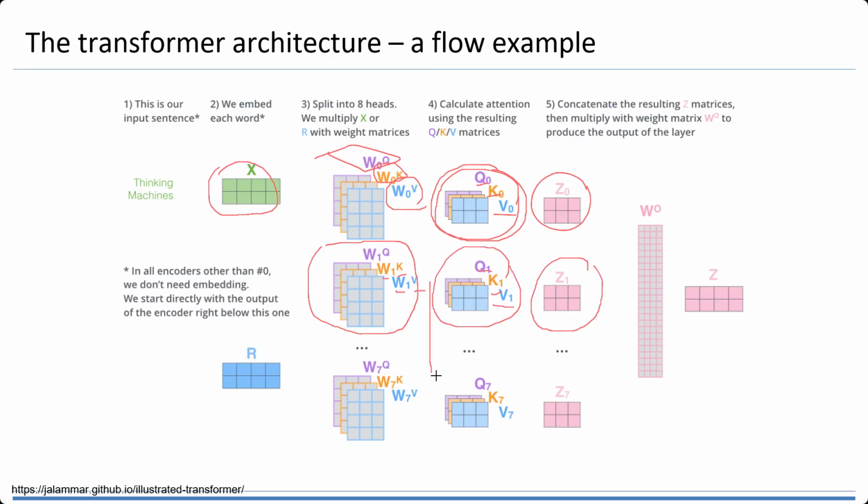After we do several iterations, we multiply with WO, the weight for the output. At the end, we get the output, the result, which is the Z matrix.